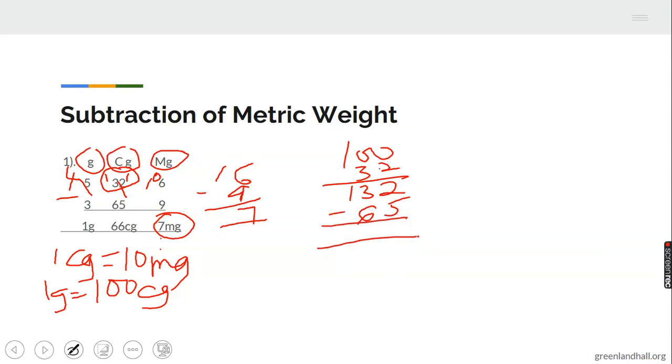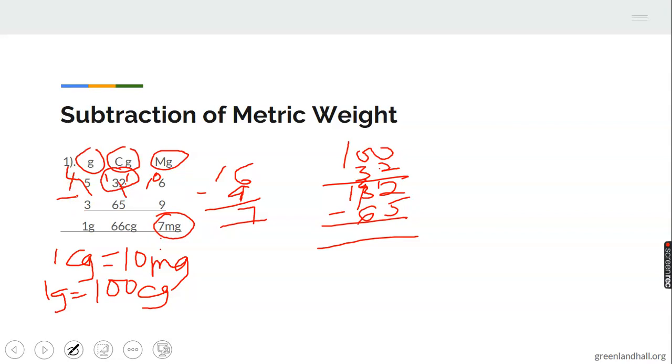2 take away 5. That's impossible. You borrow 1. This one remains what? 2. So 12 take away 5. That's what? Oh, there's a mistake. Please. In this 32 before, we've borrowed 1 and it remains 31, right? So when we borrow the 1 from gram, it becomes 100.